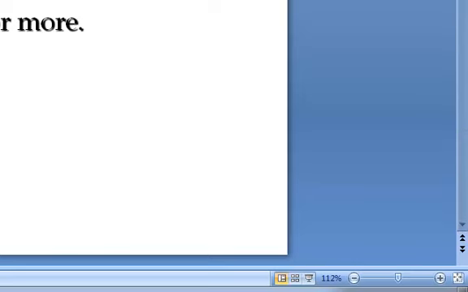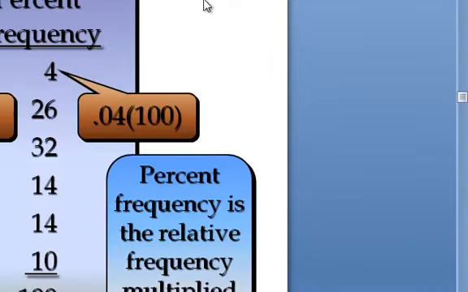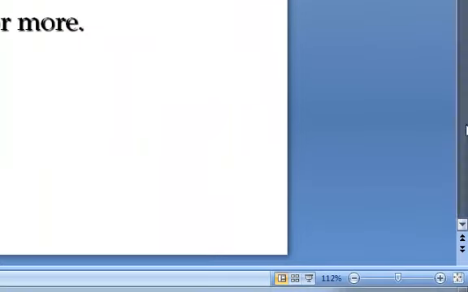Only 4% of the parts are in the $50 to $59 class. 30% are under 70. How do we get that? Let's go back. Under 70 would be class 1 and class 2. Look at the percentages, 4 and 26, which is 30. Hence, 30% cost under $70.